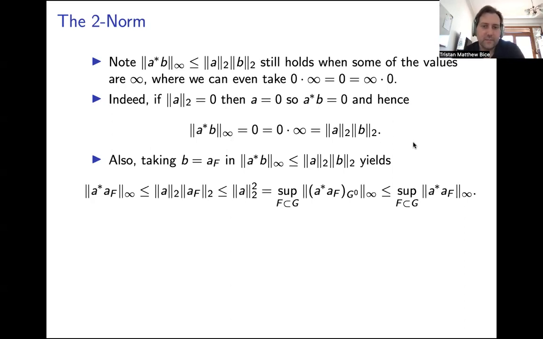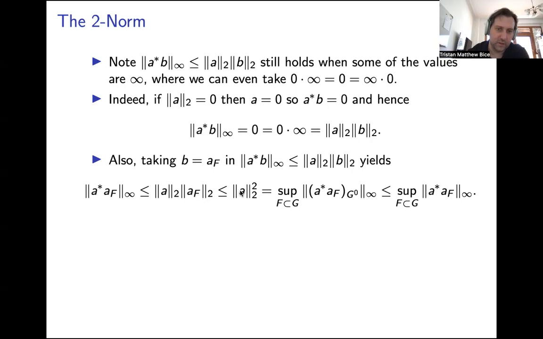Another thing to note is that this tells us something about the original definition of the two norm. In this inequality up here, we could actually take B to be A, or even A restricted to some finite subset F. So in that case, you just plug it in: the infinity norm of A star A_F is below these two guys. But then remember, the two norm of A_F increases as F gets larger, and in particular, the two norm of A is the supremum of all those.